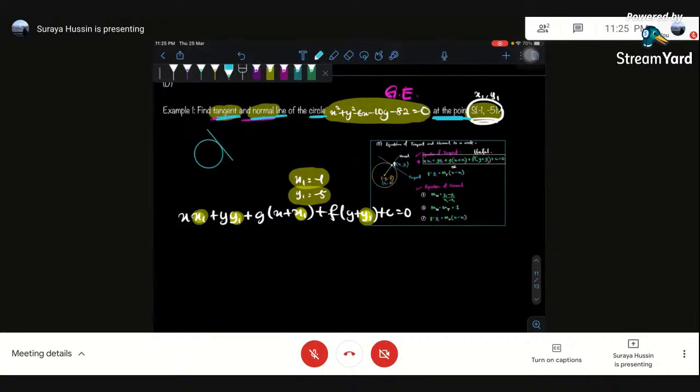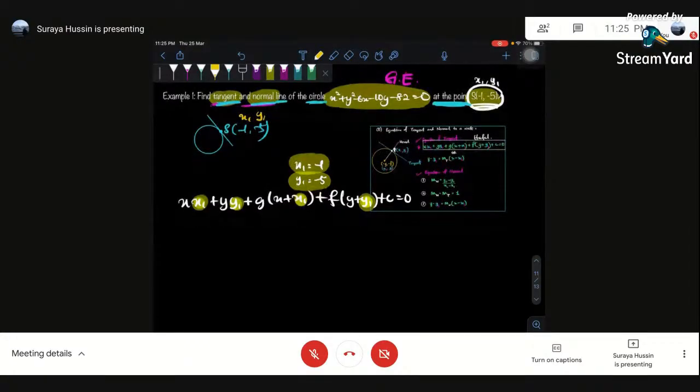Dia kata circle tersebut ada point P. In this case, ada point S at the point. The circle is at the point there, negative 1 and negative 5. So this is referring x1 and y1. Alright, so we should continue.